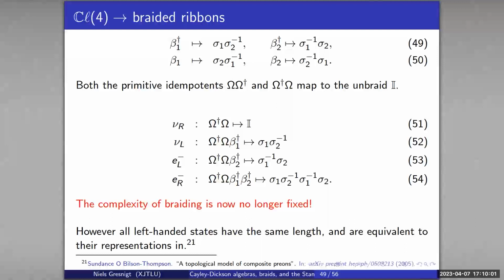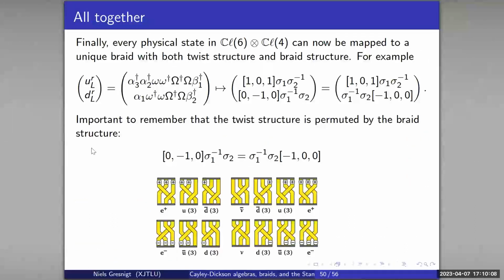So then I try to represent the charged weak bosons. Oh, before I do that, so now we can combine the CL6 and the CL4 ideal states and map them to certain braid structures, which I do here. And so in this way, as an example, I have a quark doublet, weak doublet, and we can map them to braids.